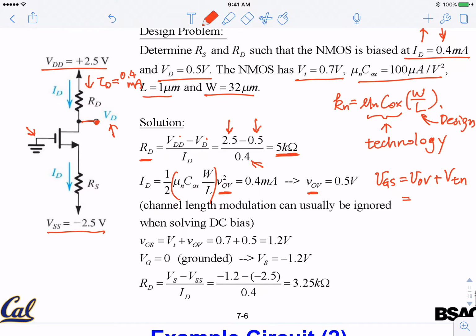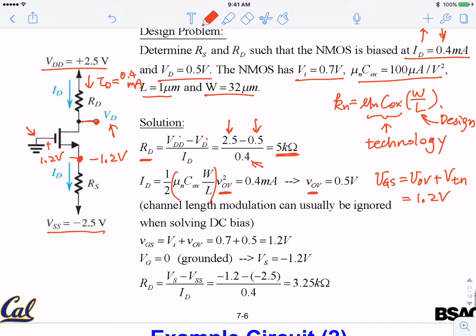So this is equal to 1.2 volt. This is determined by current. We know this voltage because we know what current we want this circuit to operate at. So the gate is grounded, which means the source is at minus 1.2 volt.